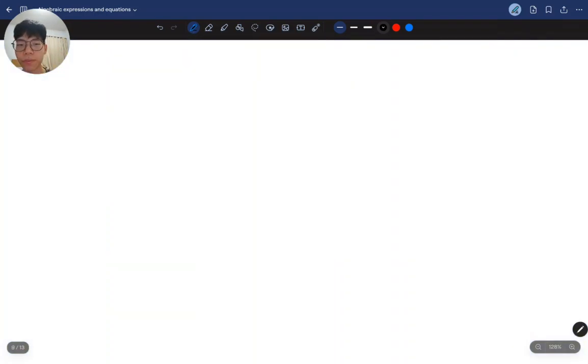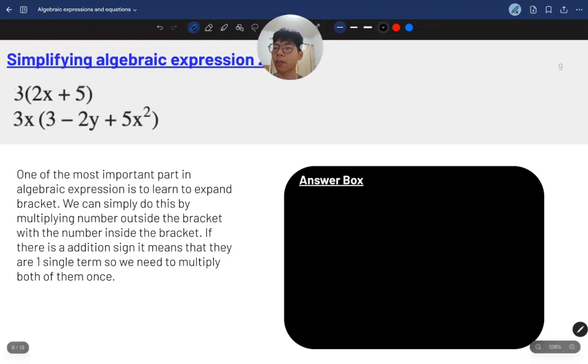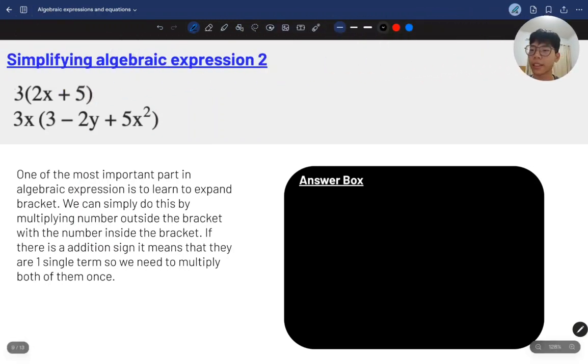The second simplifying of algebraic expression is expanding it. We can simply do this by multiplying the number outside the bracket with the numbers inside the bracket. If there is an addition sign, it means that they are one single term.